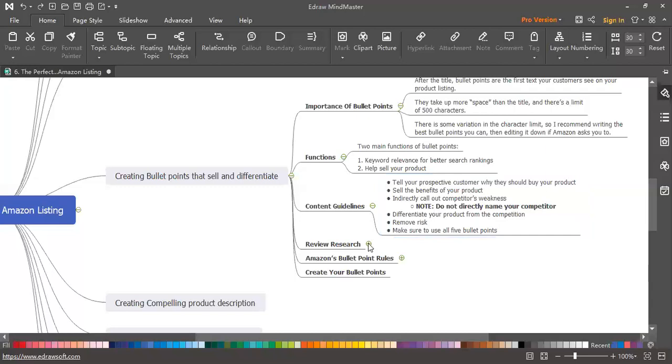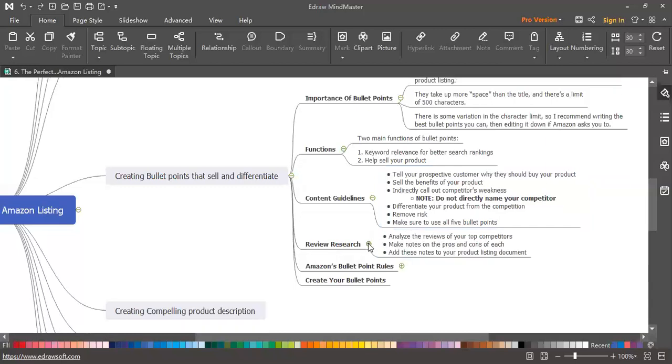Next, review research. We did this process when we were doing our product research. We have to find the pros and cons from our top competitors. I highly suggest you do it for at least 10 competitor listings. What are all their pros? What are all their cons?